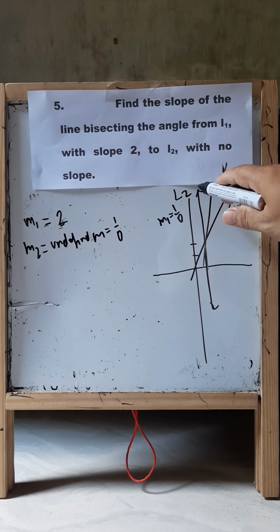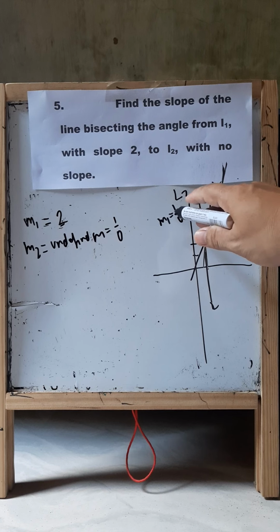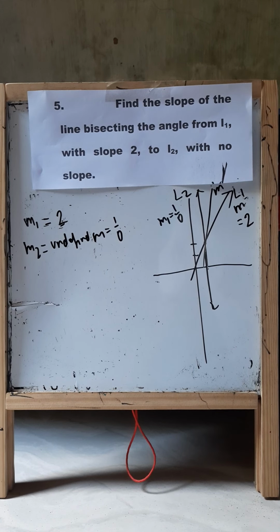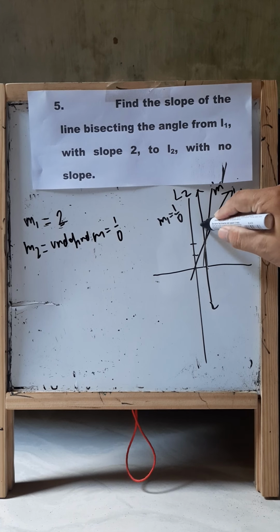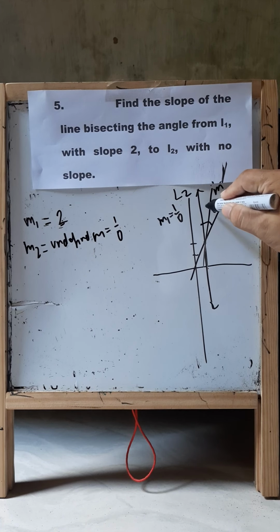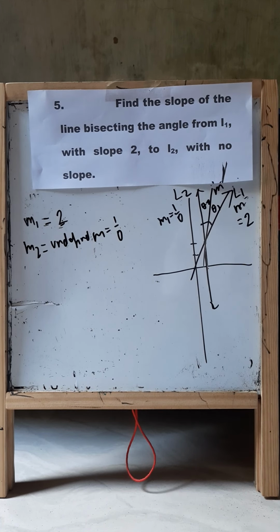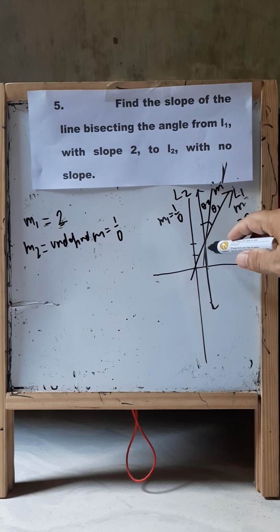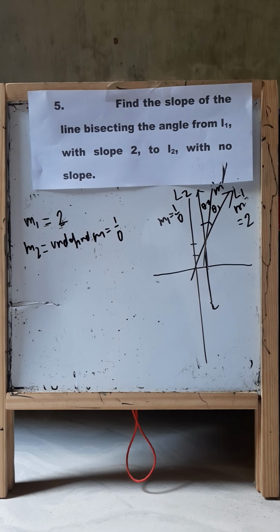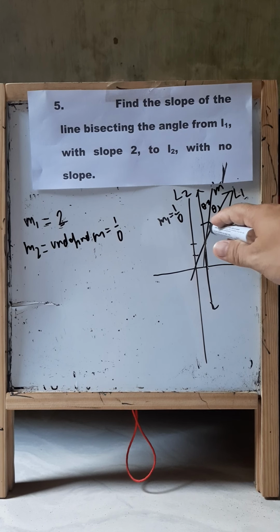Line 2 is a vertical line with no slope, so it can be 1 over 0. If we bisect the angle formed from line 1 to line 2, then theta 1 is equal to theta 2, so the two angles are equal. So the question is, what is the slope of the angle bisector formed between the two lines?